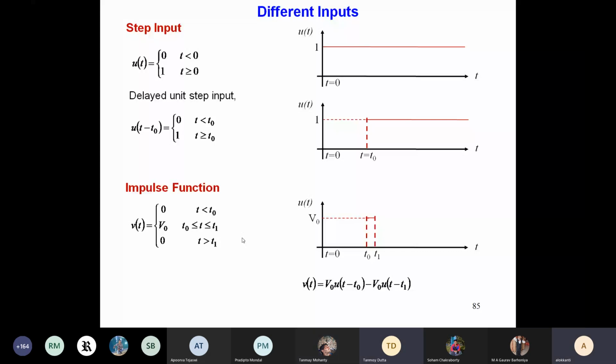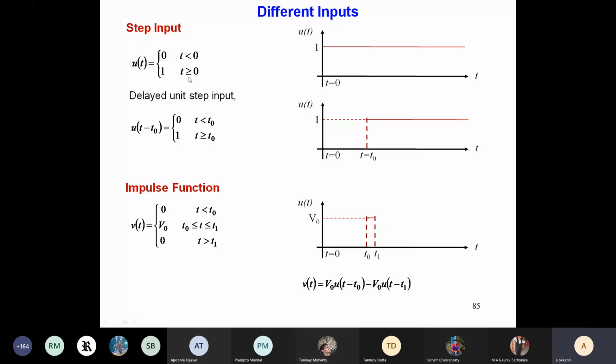It is a representation. u(t minus t naught) is a delayed input. This is actually coming from the step input formula: u(t) equals 0 for t less than 0, and for t greater than or equal to 0 the value is 1.